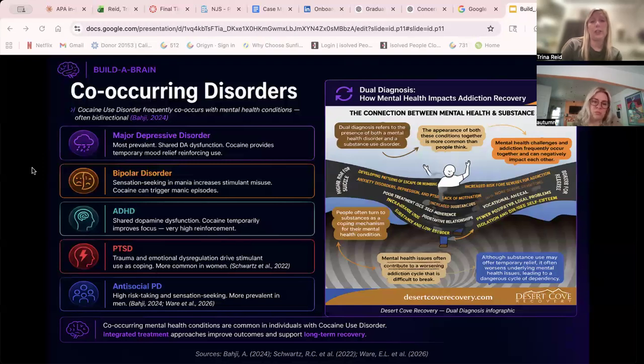PTSD is especially common in women, where trauma drives stimulant use as coping. The infographic on the right shows the bidirectional relationship: mental health conditions drive substance use, and substance use worsens mental health, creating a cycle that must be broken.